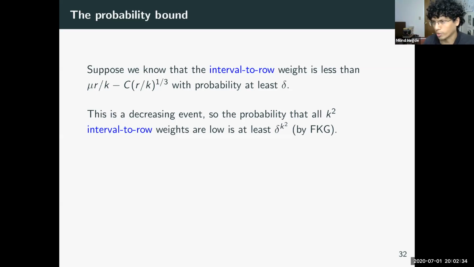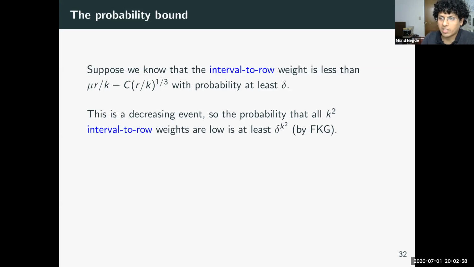We don't care how you do it, but you can just reduce them. And decreasing event means that no matter how you do the reduction, the event is still going to happen. So if you started with a configuration where the event was happening and then you made the weights smaller, obviously that will still make sure that the weight is less than this. It can't increase by you decreasing the vertex weights. And so this is a decreasing event.